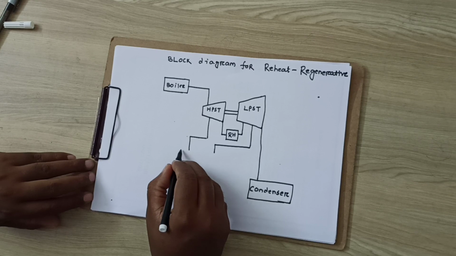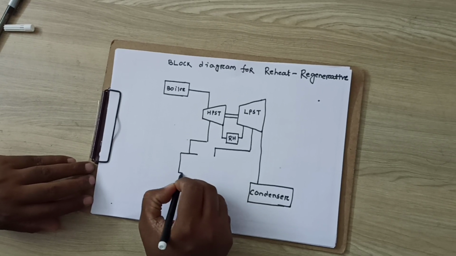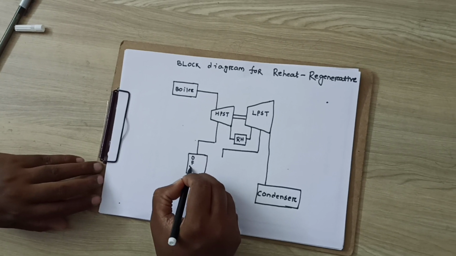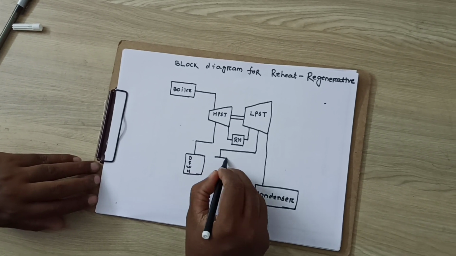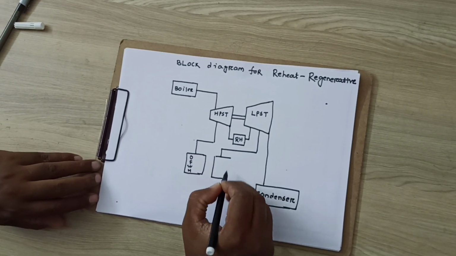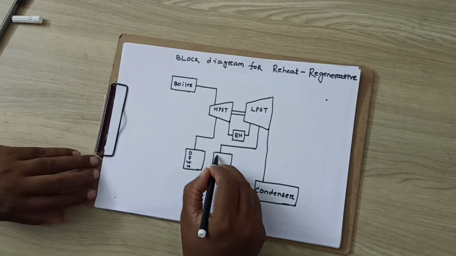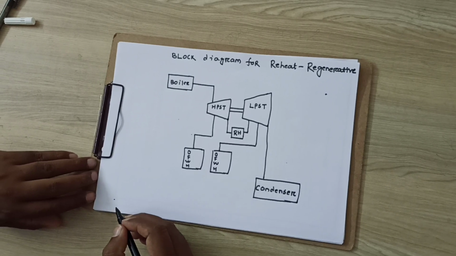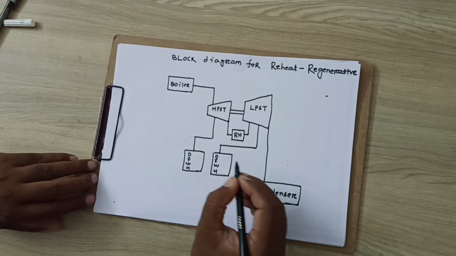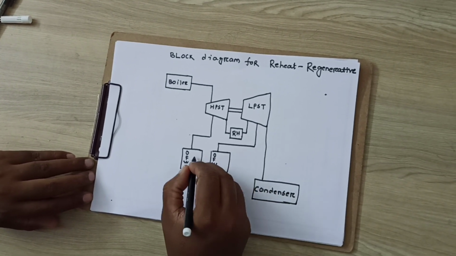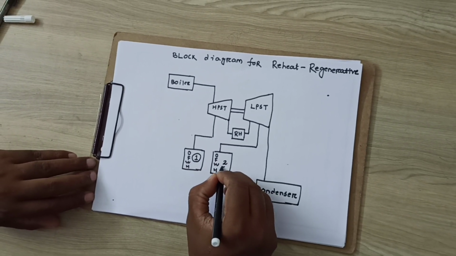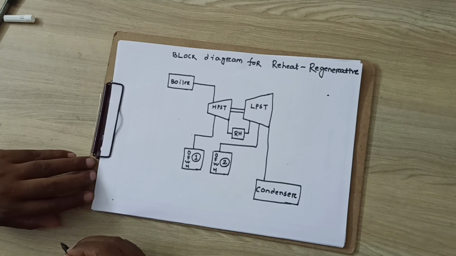So this will be OFWH, let it be 1, and this will be another OFWH, OFWH 2.